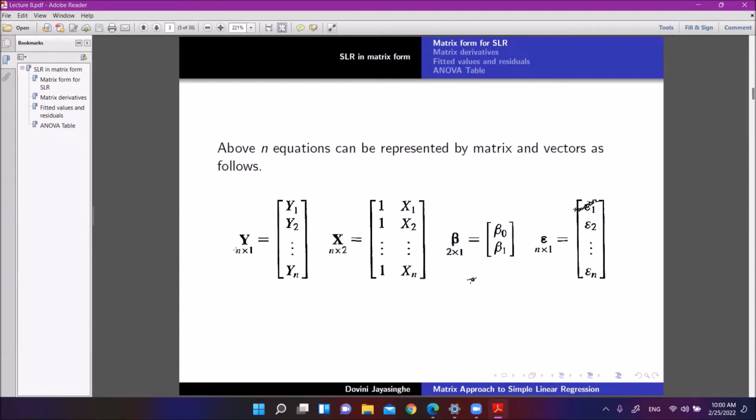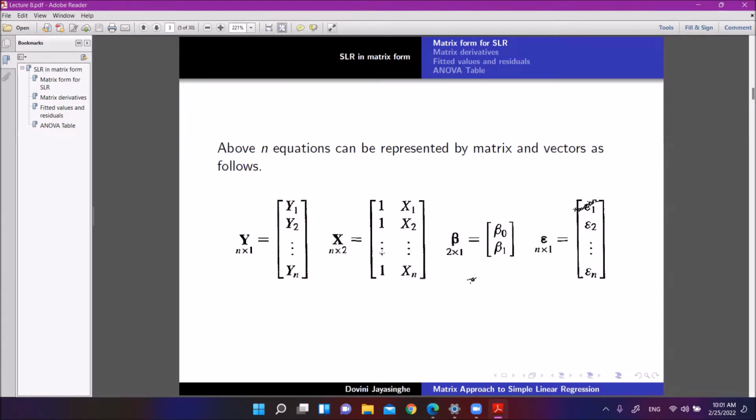Why is it n by 1? Because we have n observations, response variables from y1 to yn. It's usually written as a column. I know it's the same idea if you write it as a row, but with all the formulas and derivations, we take it as a column matrix or column vector.